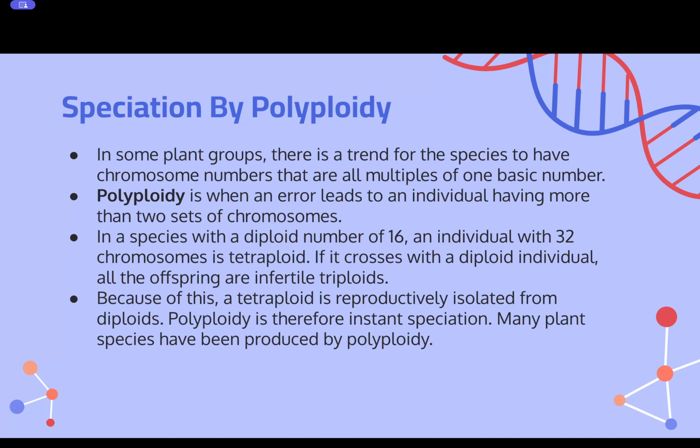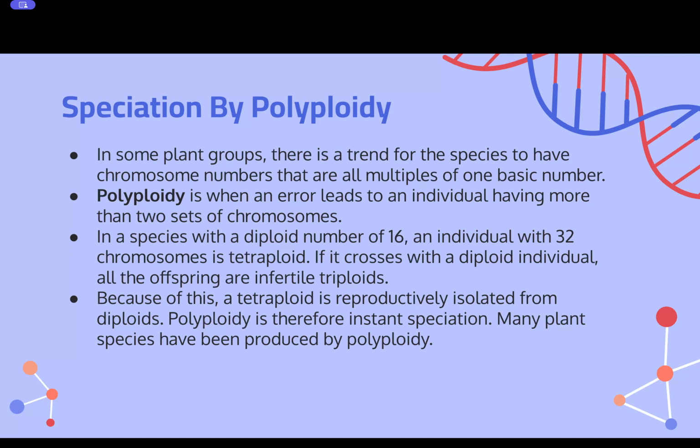It has to be 1 or 2. So they basically will be infertile. Because of this, a tetraploid can only participate in sexual reproduction with another tetraploid, and a diploid can only be with another diploid, and therefore when polyploidy happens, it causes instant speciation.